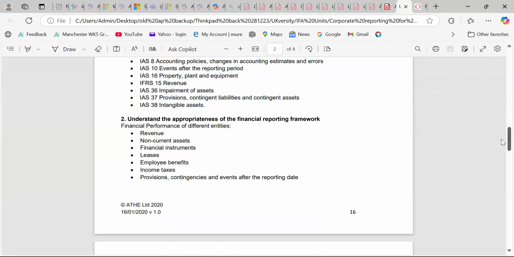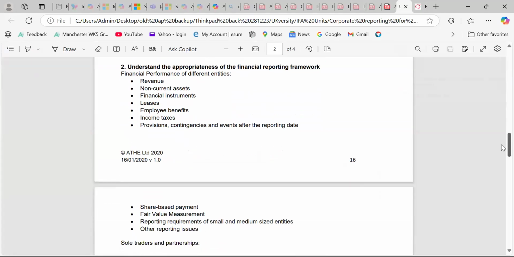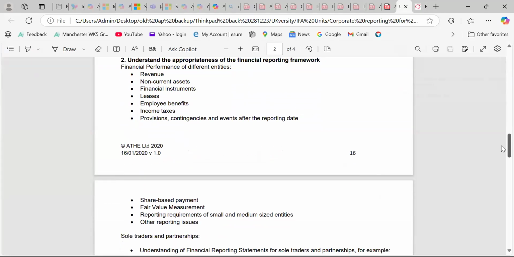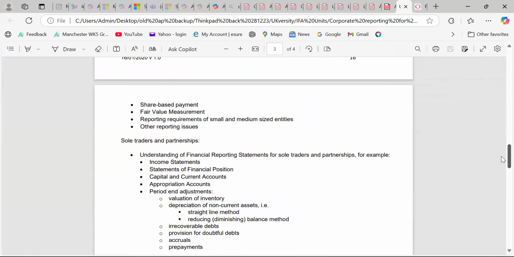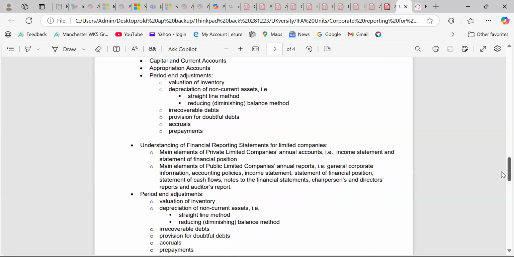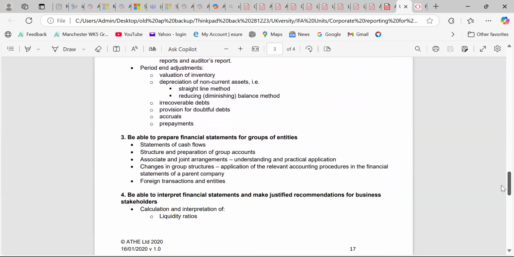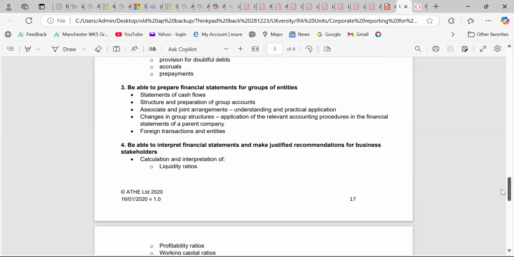Okay, so our LO2 will go through understanding the appropriateness of the financial reporting framework, which covers adjustments, leases (we will discuss IFRS 16 as well), income taxes, and fair value adjustments. All of this will be in our second lesson, which will go through bad debts and how we can calculate bad debt, recoverable bad debts, and the different accounting standards.